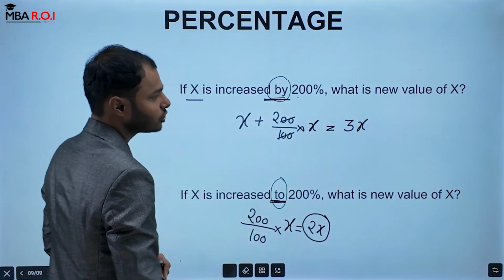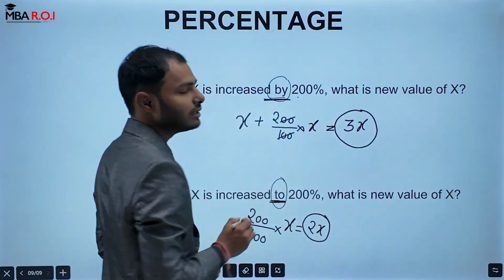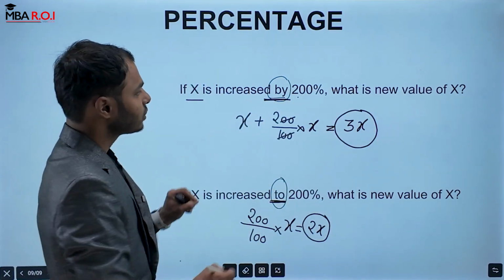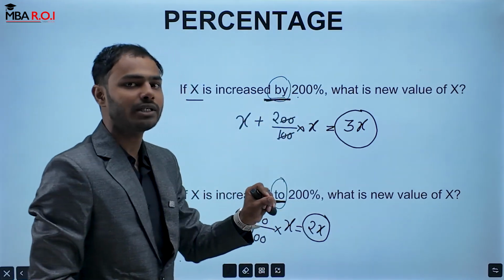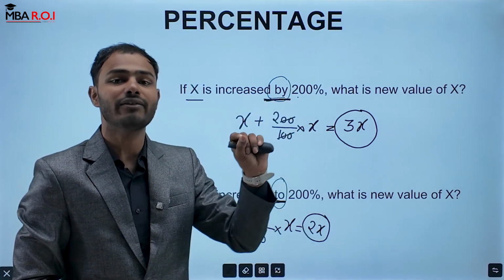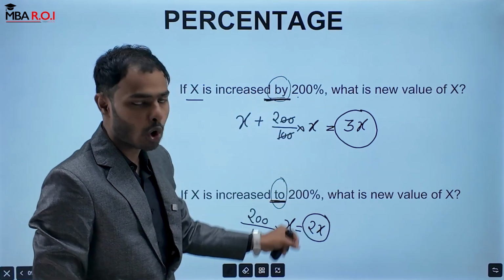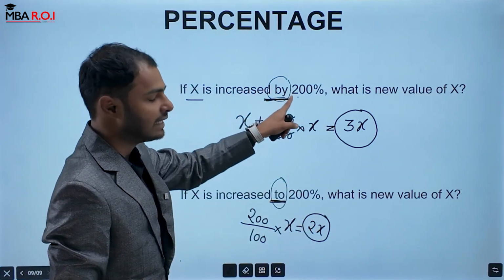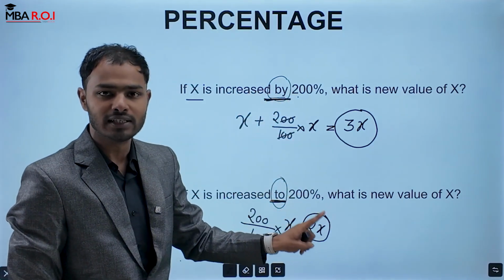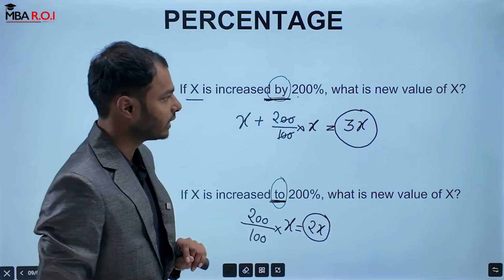So here the answer was 2x, there the answer was 3x. Just because of one word, our entire question can be wrong. So we have to read very carefully, and we should also know how to solve increased by and how to solve increased to. I hope it is also clear.